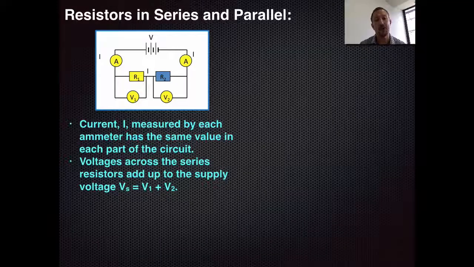We also notice that the voltages V1 and V2 will add up to the voltage V from the battery. I work on the idea that the voltage is the delivery system, that is the amount of energy. That energy has to be shared between those resistors. If the resistors happen to be the same type of resistor, then the same amount of energy is given to each one.